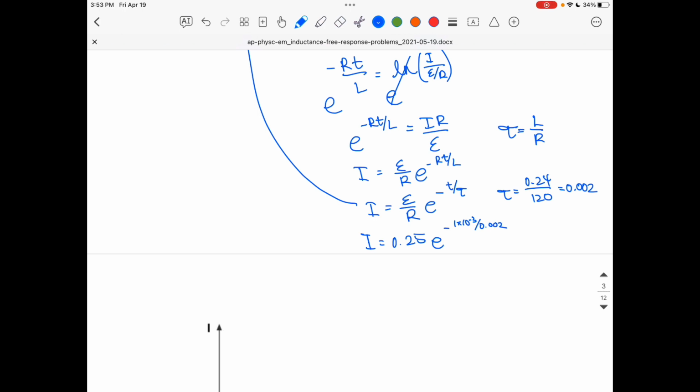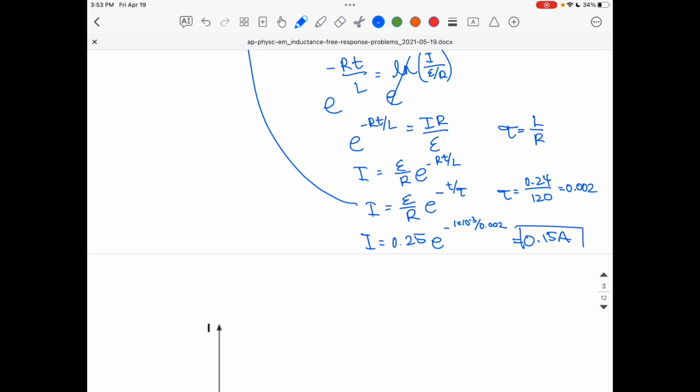So I'm going to calculate that exponent first, and then I'm going to take e to that power. The exponent I got was negative 0.5. So I'm going to take e to negative 0.5, and I get 0.6 times 0.25, which is equal to 0.15 amps.